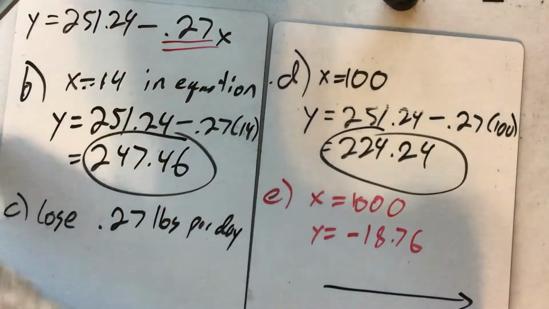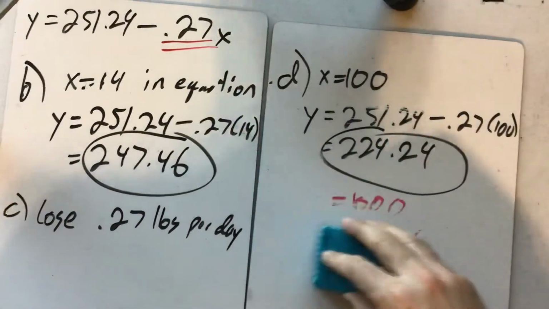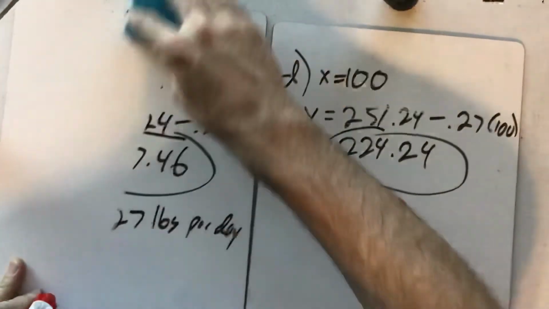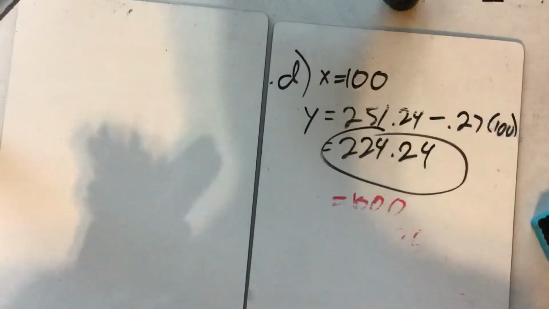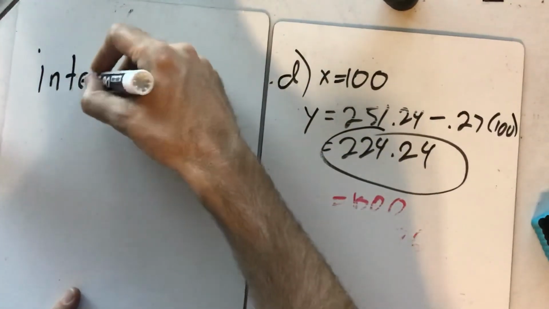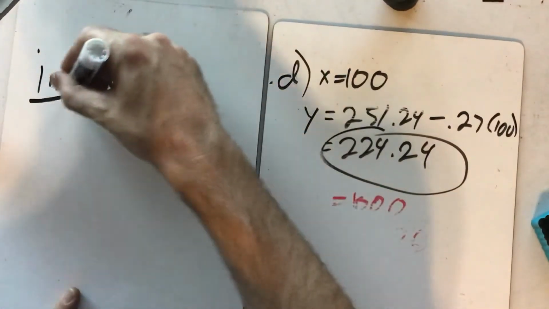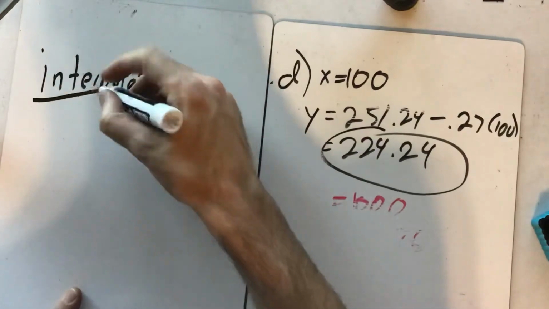This is a difference that we call the difference between extrapolation and interpolation. So we have two words that we're going to use. The first word is the word interpolation. And interpolation, you can see the word inter, right here.